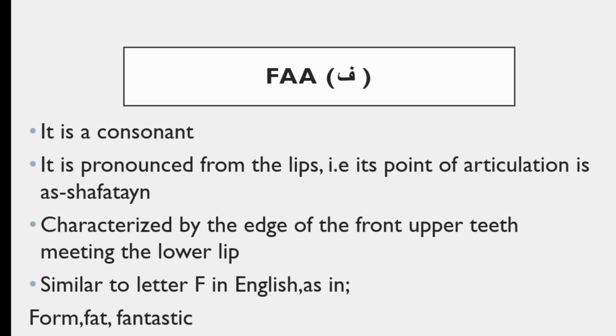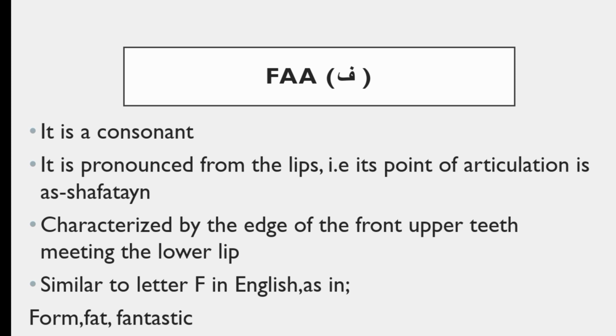The exact way you pronounce your letter F, that's the way you pronounce your letter fa. So that's just so simple. Examples are form, fat, fantastic. The way you pronounce the letter F in those words is the exact way you would pronounce the letter fa.